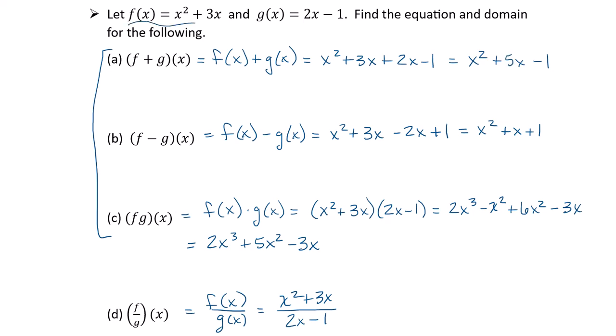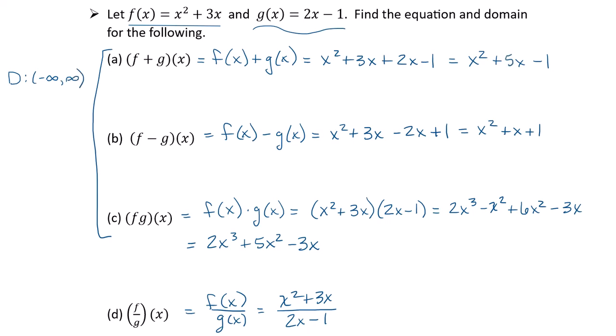The domain of f is all real numbers. The domain of g is all real numbers. So the domain of f plus g, f minus g, and f times g is all real numbers, negative infinity to infinity.